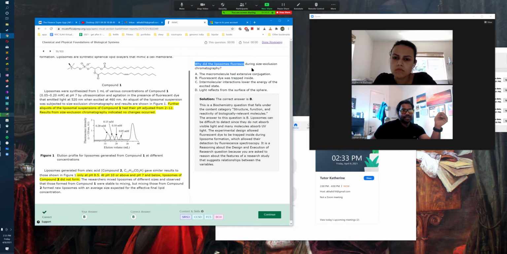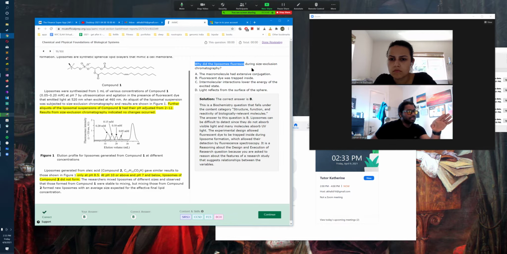fluoresce? Because things that fluoresce or give off color have a lot of conjugated double bonds. By macromolecule, they're not referring to compound 1, they're referring to the fluorescent dye. No. If they were referring to the fluorescent dye, then it would be the correct answer.